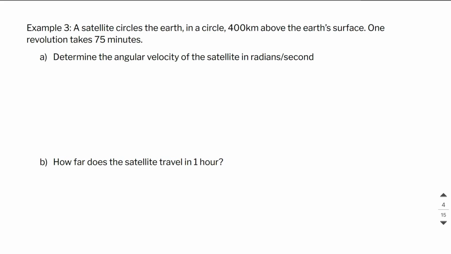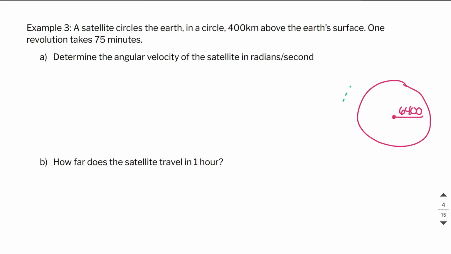Okay, so now the next example says a satellite circles the Earth in a circle 400 kilometers above the Earth's surface. If I have a bird's eye view of the Earth rotating right here, this would be 6,400 kilometers.